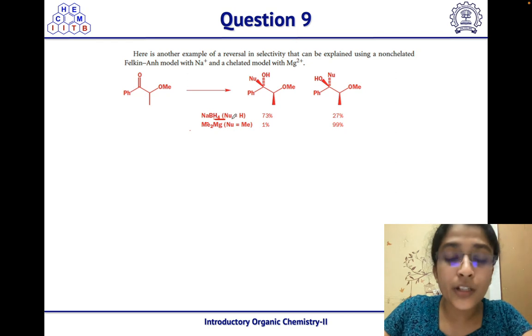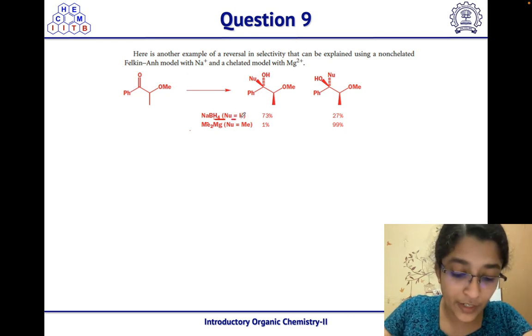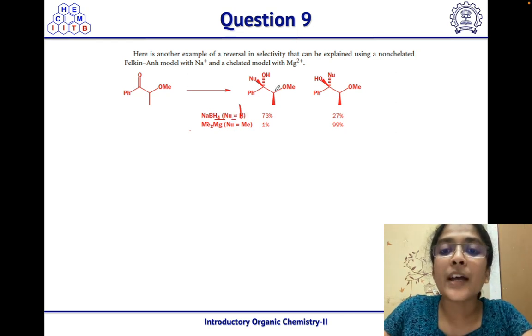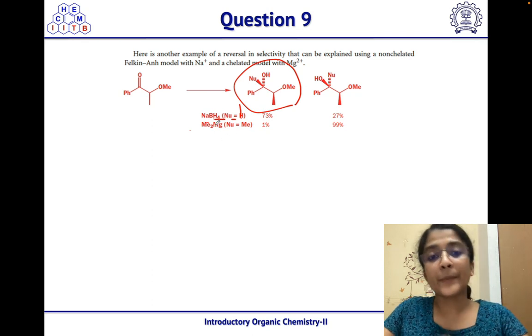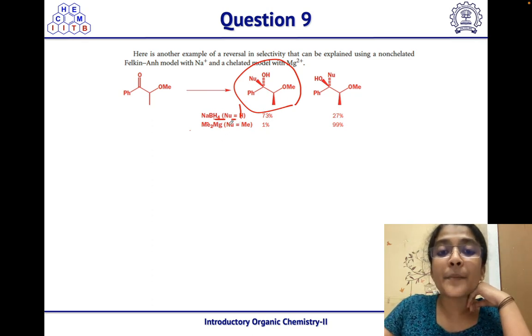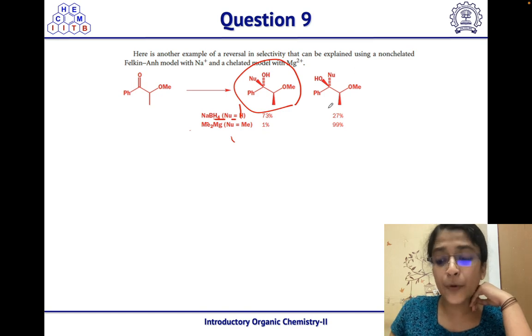It cannot have a chelating effect, so it will follow the Felkin model and give this as the major product. But magnesium has the power to do a chelating effect. So it will chelate that OMe group, and because of that it will not exactly follow the Felkin model, and we will get the opposite isomer as the major product.